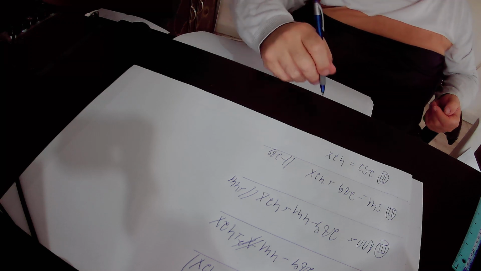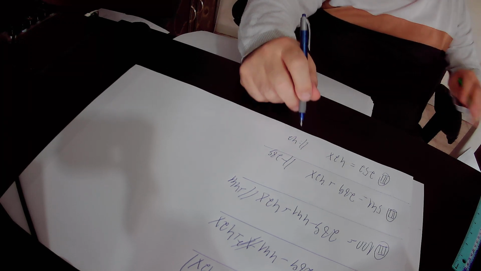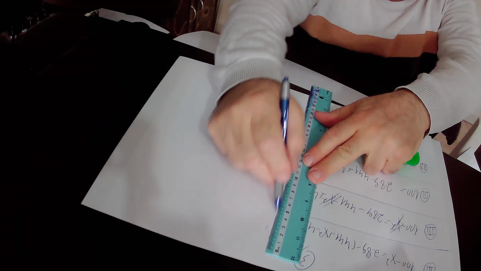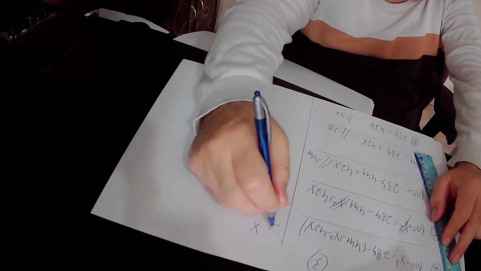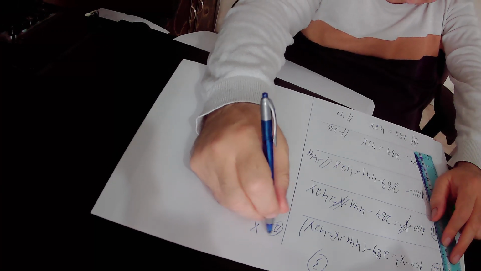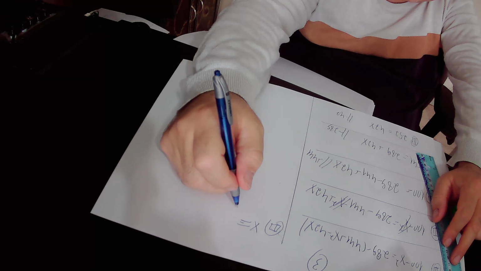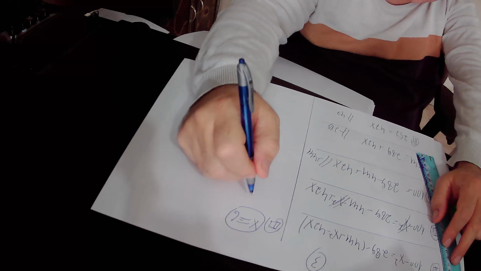Okay, so here we divide this equation by 42. Finally we get x equals 252 divided by 42, which is 6, so x equals 6 units in length.